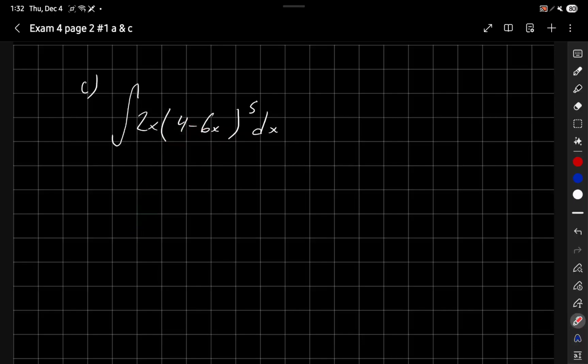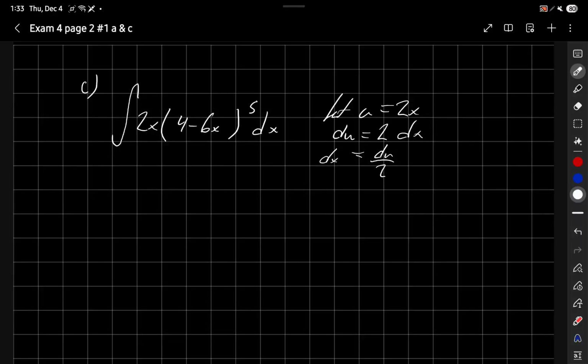And the way that we're going to select our u is, well, if I were to say, let u equal 2x, du would equal 2 dx, so dx would equal du over 2.